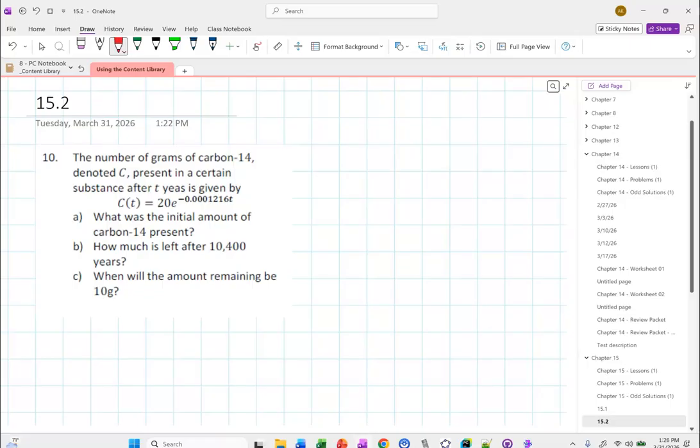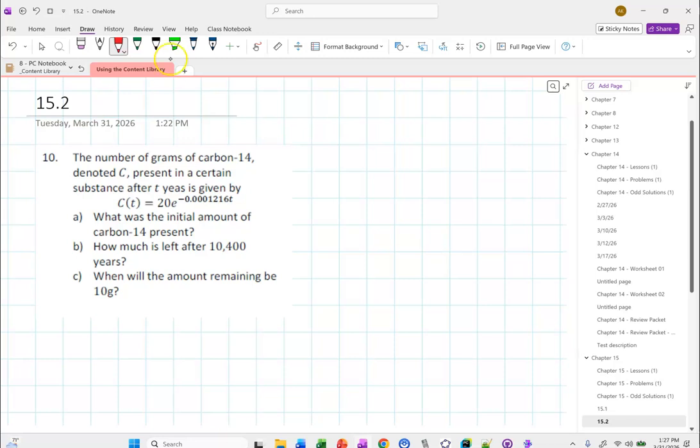So this reads, the number of grams of carbon-14, denoted C, present in a certain substance after T years is given by C of T equals yada, yada, yada. What is the initial amount of carbon-14 present?